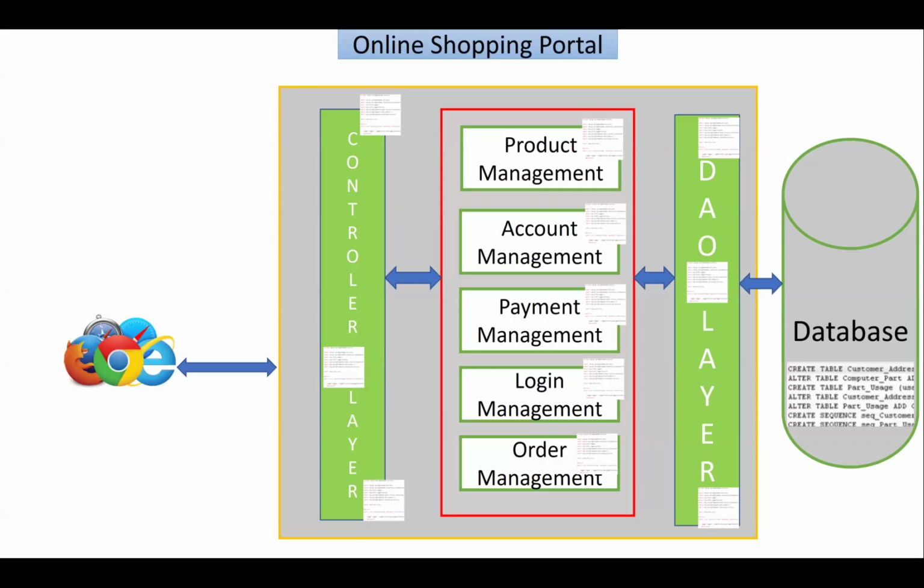Product management, account management, payment management, login management, order management. These are my services, guys. After that, the DAO, data access object layer. After that, databases: customer address, computer parts, part usage, customer, something like that.